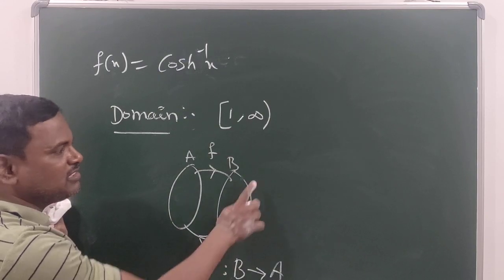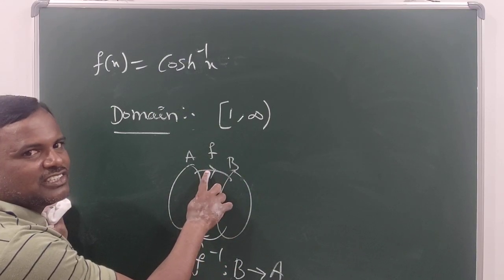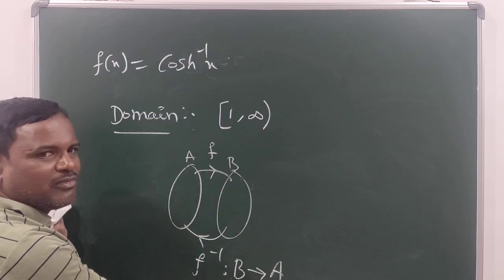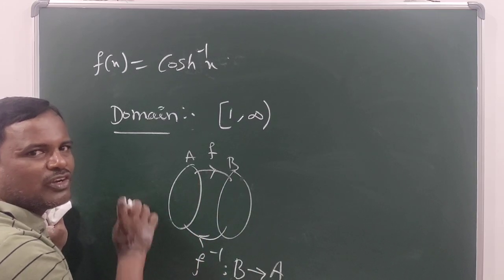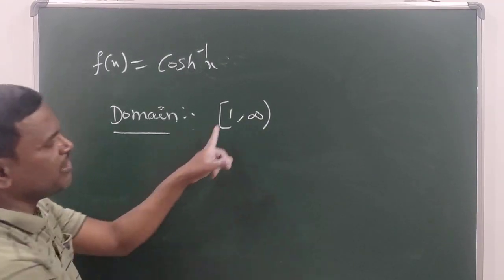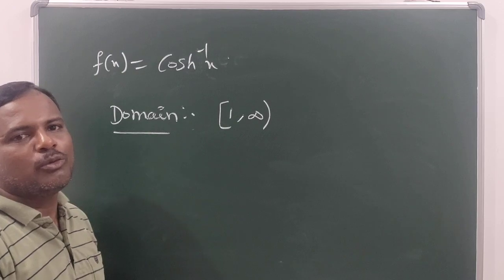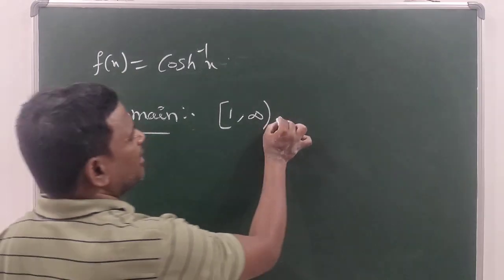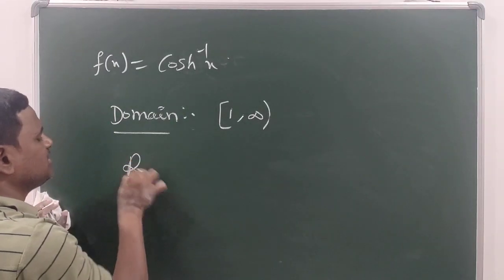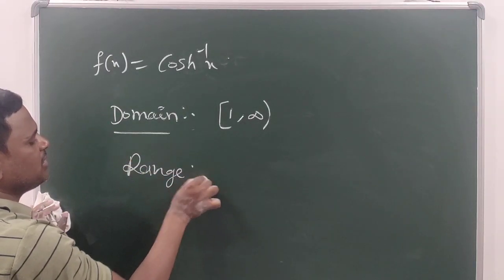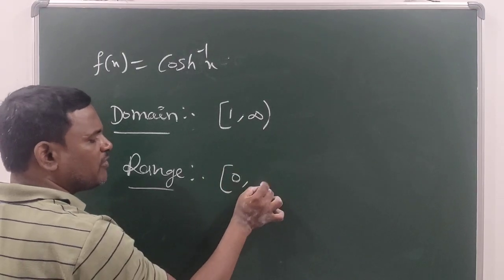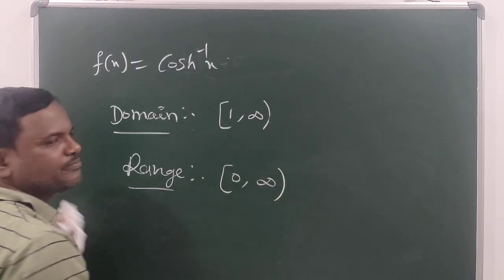But previously b was the range for f of x and a was the domain. Here a became the range, b became the domain. Here also, the closed interval of 1 to infinity is the domain of cos h inverse x, whereas the range will be the closed interval of 0 to infinity.